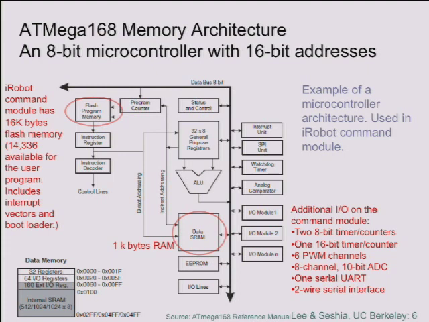So when you call a procedure, the address from which you called it gets stored into memory at the location of the stack pointer, okay? Then the current register values, up to 32 of them, also get pushed onto the stack, okay? Then you update the program counter and start executing a new program.